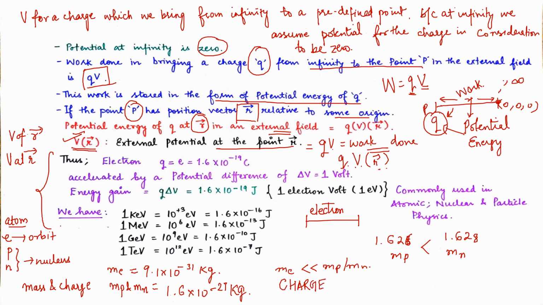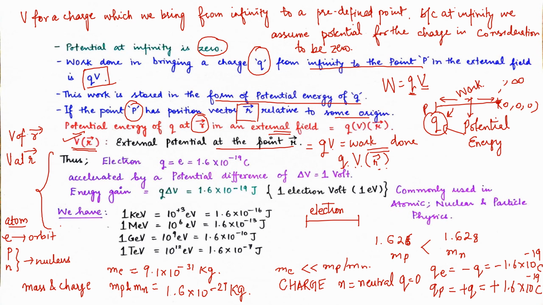Neutron is called neutron because it is neutral, so charge on it is 0. Electron is called electron because it is negative, and it has a value of minus 1.6 into 10 to the power minus 19 coulombs. Proton has positive charge, and it is written as plus 1.6 into 10 to the power minus 19 coulomb.